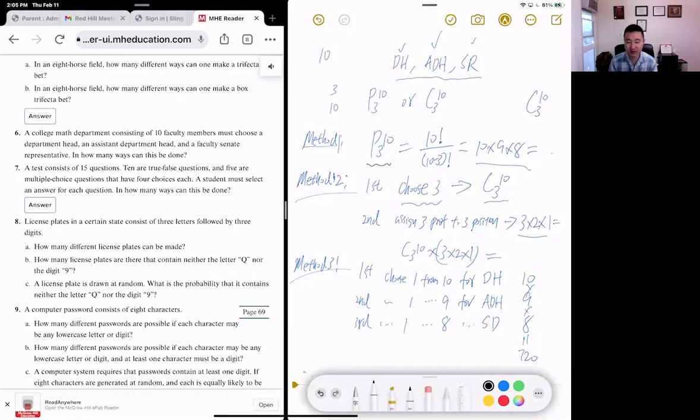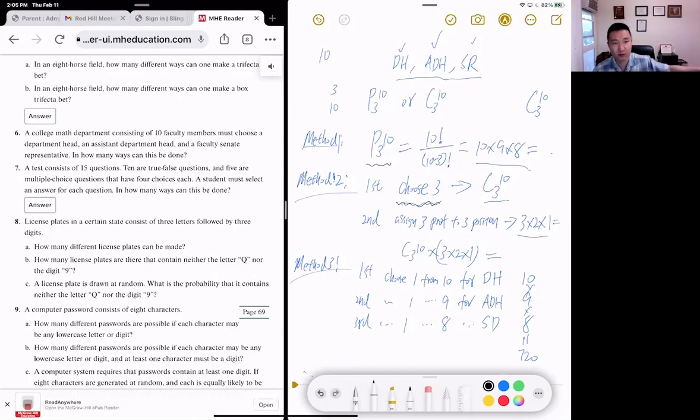Or you can use method number 2. Always think carefully how the experiment is done, by which steps. You can think this experiment is composed of 2 steps. One is we choose 3 professors from the 10 total. That is a combination question, because the order does not matter.